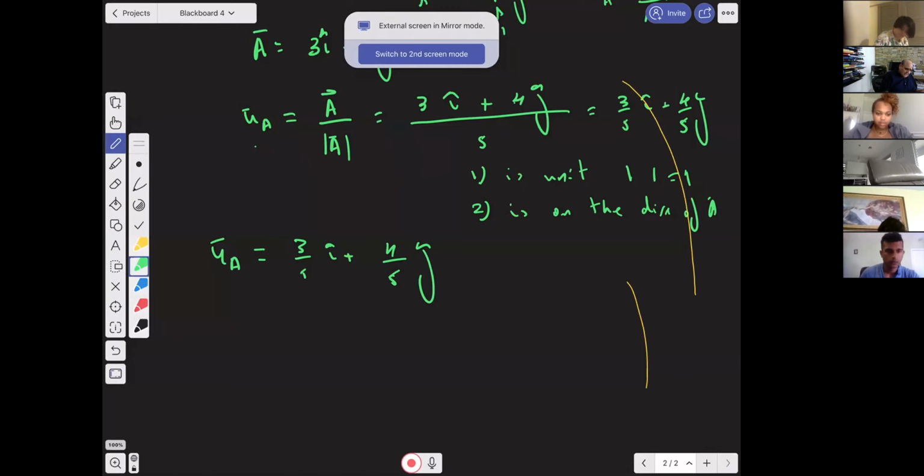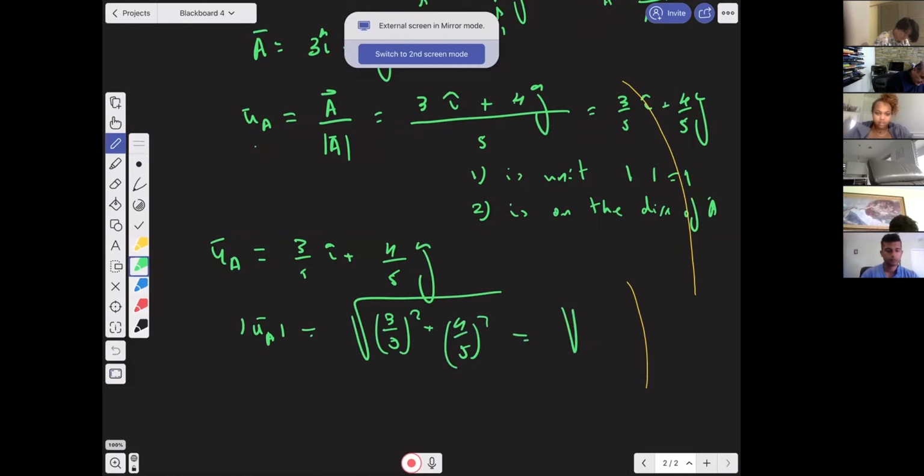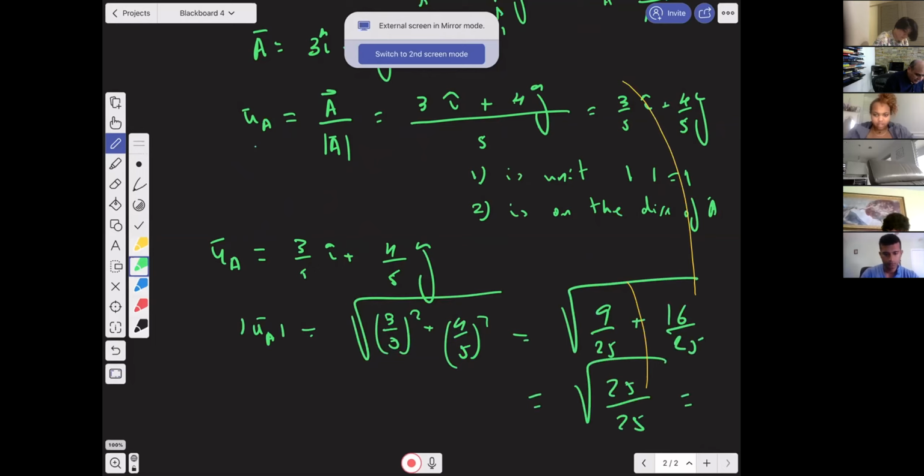So let's check that this has magnitude 1. What is the magnitude of u sub A? It is the square root of 3/5 squared plus 4/5 squared. And what is this? It's 9/25 plus 16/25, which is 25 divided by 25. It's 1.